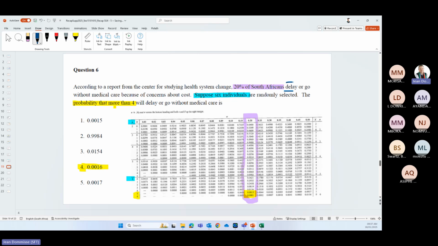So they either delay it or they don't. So that's your two options. If 20% delay, how many people don't delay? 80%. So again, the important thing to identify binomial is that it's a yes or no, heads or tails. The outcome is always between two things.